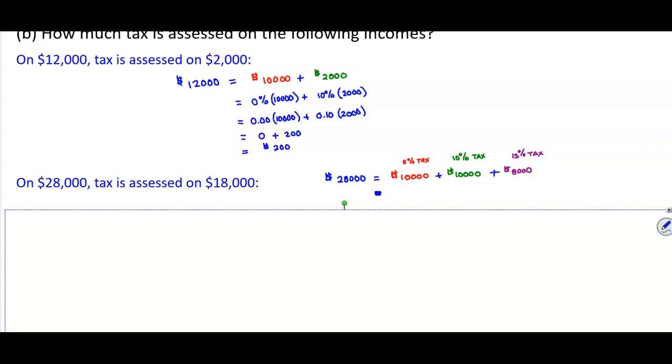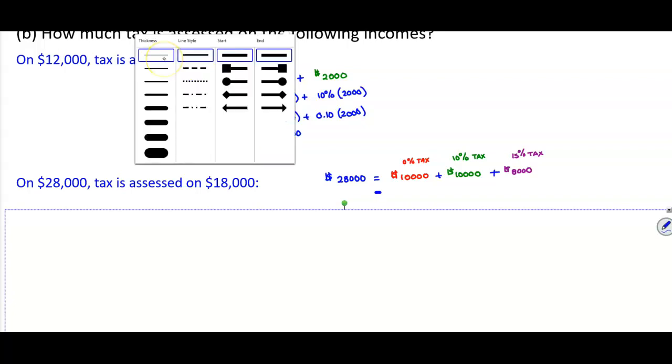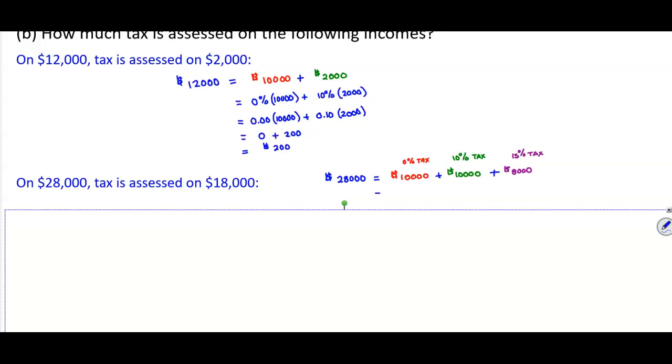So let's go ahead and solve. 0% is 0 times 10,000, plus 10% is 0.10 of 10,000, plus 15%, which is 0.15 of 8,000.